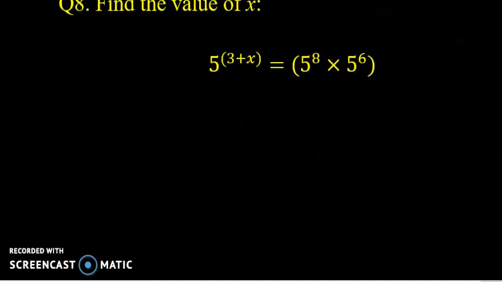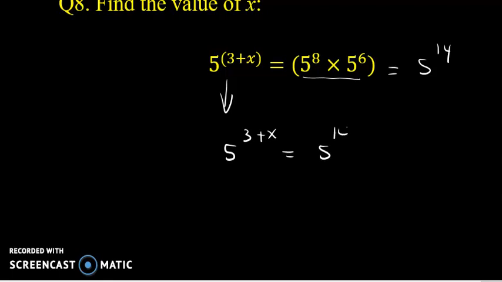So number 8, we need to find the value of x. In this case, the left side of the equation here is okay. So let's simplify the right side. This will be 5 to the power 8 times 5 to the power 6. This becomes 5 to the power 14. So right here we have 5 to the power 3 plus x is equal to 5 to the power 14.